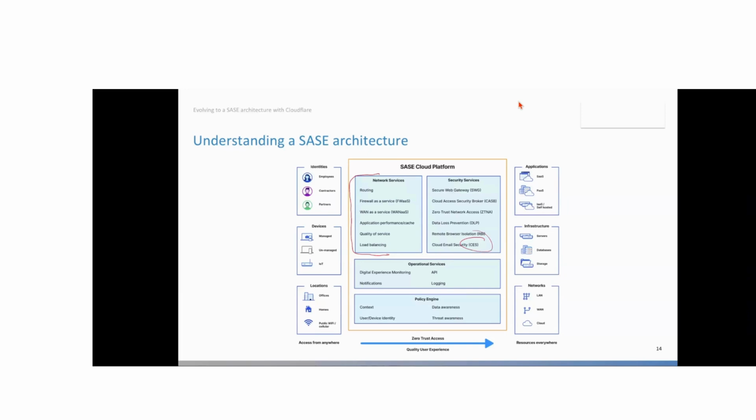So these are a SASE cloud platform that vendors use, right? So our applications are going to be software as a service, and infrastructure as a service, and so on. And then servers, databases, storage, networks, all connecting in from the SASE cloud into the network.